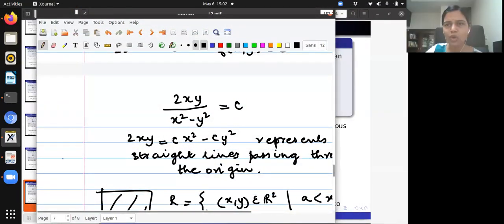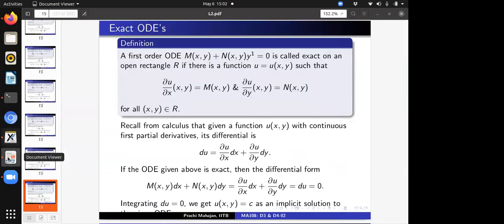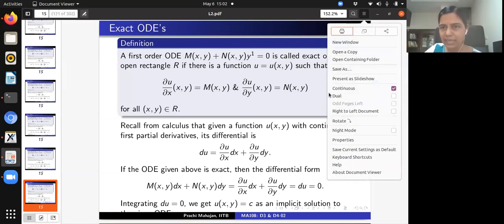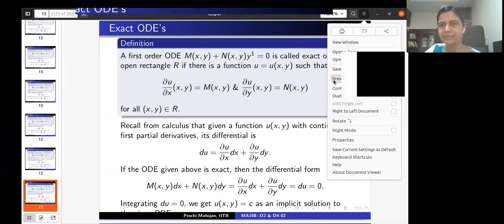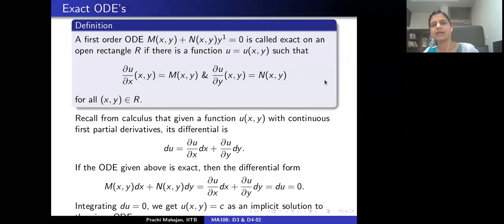So, exact on a region in R2. Ma'am, is there a check for the exactness? We will come to that a little later. I'm going to address that question now: how do we check whether that ODE is exact or not? That's a very valid concern.